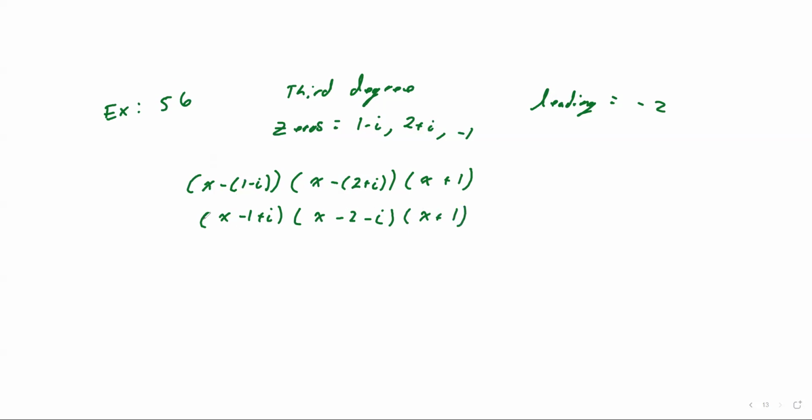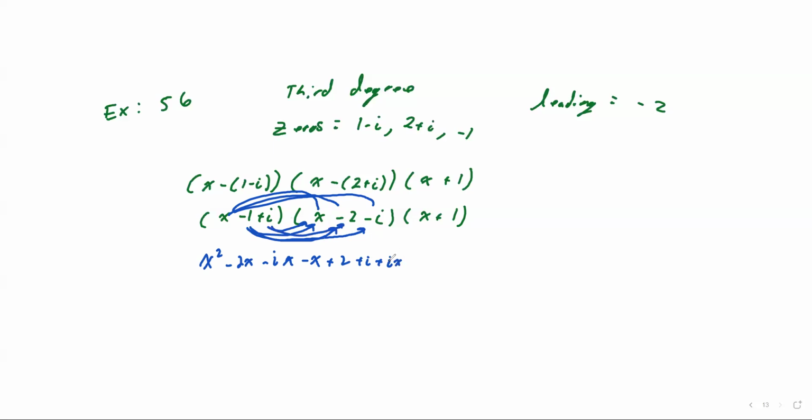All right, so here we go. So x times x is x squared. X times -2, -2x. X times -i, -ix. -1 times x, -x. -1 times -2 is +2. -1 times -i, positive i. I times x, positive ix.